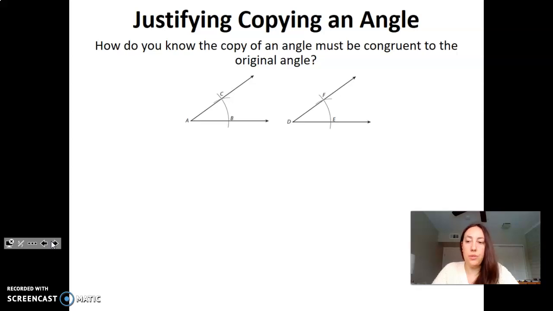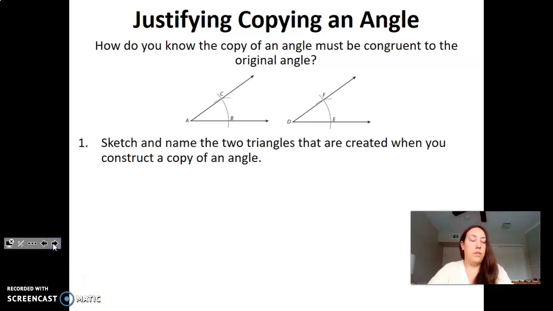How do we know those two angles are congruent to each other? If we sketch two triangles that we made, if you just connect C to B with a straight line and F to E with a straight line, those are two triangles. So we have triangle ABC, and then we have triangle DEF.